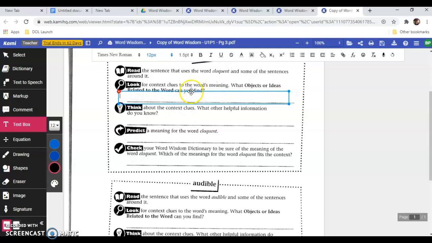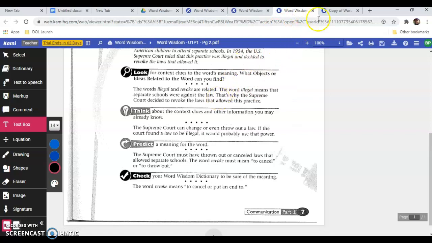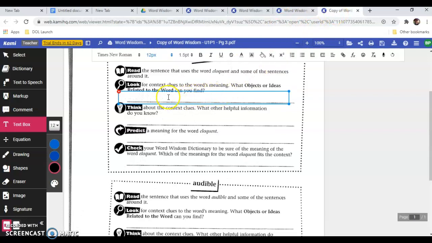As I was reading that story, I felt that the word eloquent was describing Dr. King's words. And the essay itself specifically says that they will always be remembered. So then I'm going to type that there.